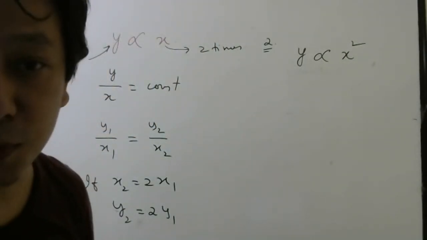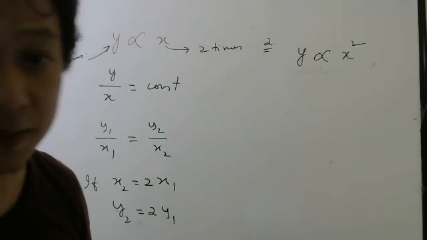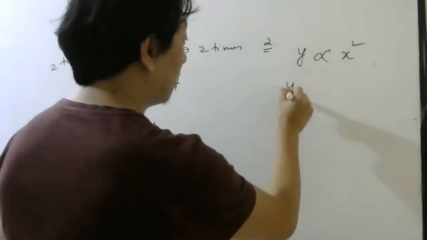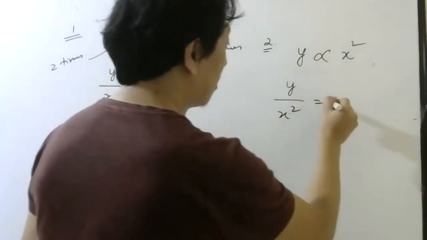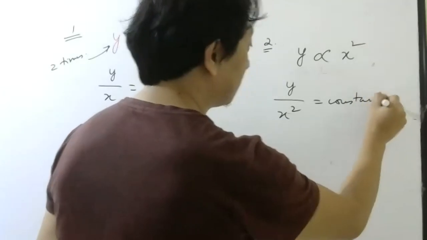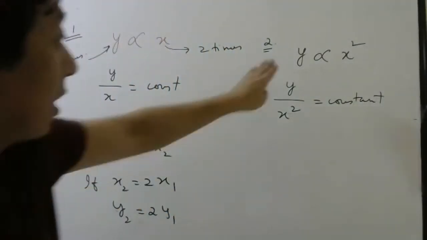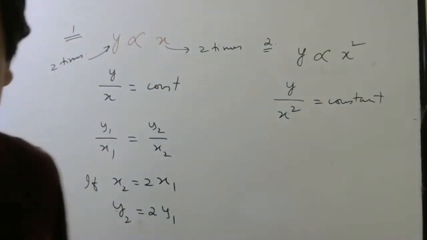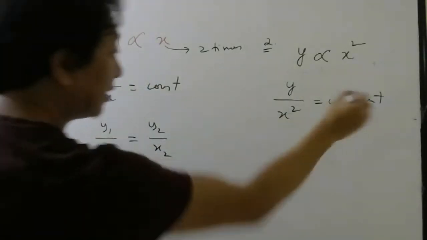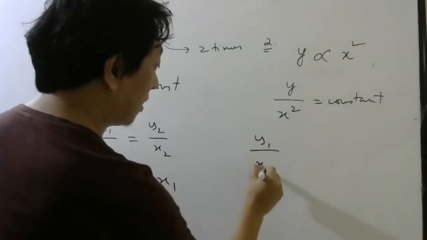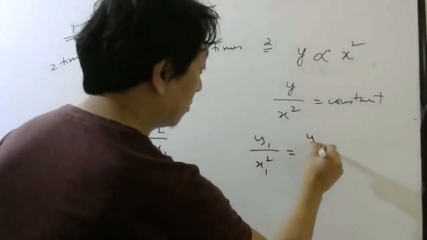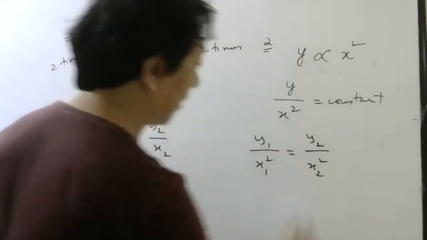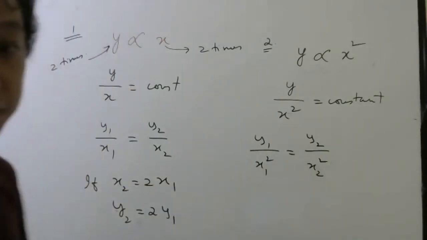Similarly, sometimes y will be proportional to x square. Then same logic: y by x square should be constant. If y1 and x1 are initial values and y2, x2 are final values, these two ratios should be equal.